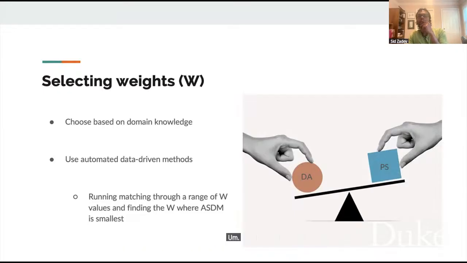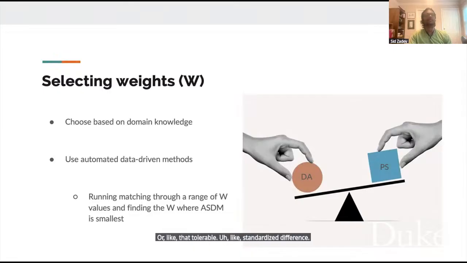In terms of the data-driven ways to find the optimal match, you look at the absolute standardized difference of means based on all the measured covariates. You give a certain threshold of what that difference should look like, and then you're trying to find the value of weight which would get you right at that minimum or tolerable standardized difference.